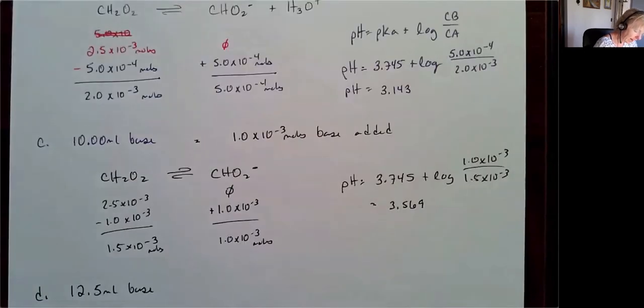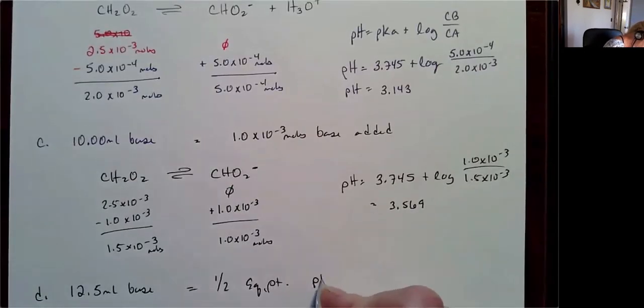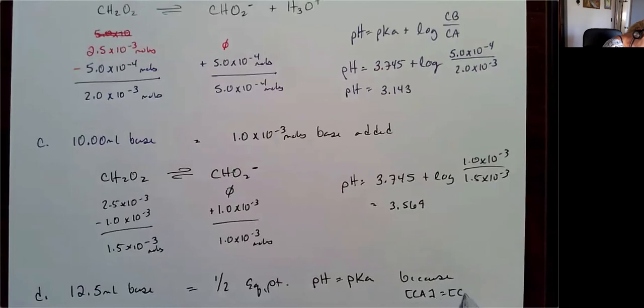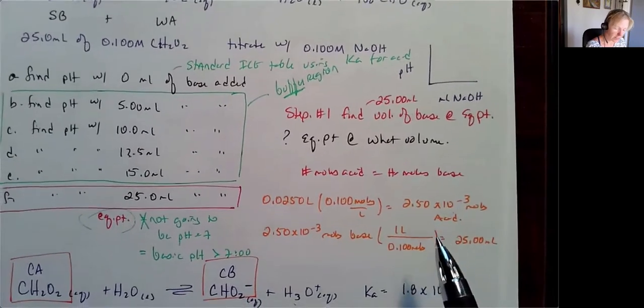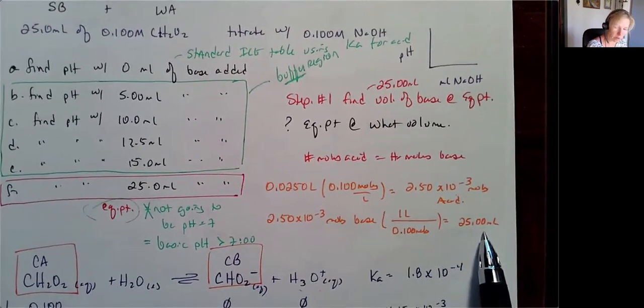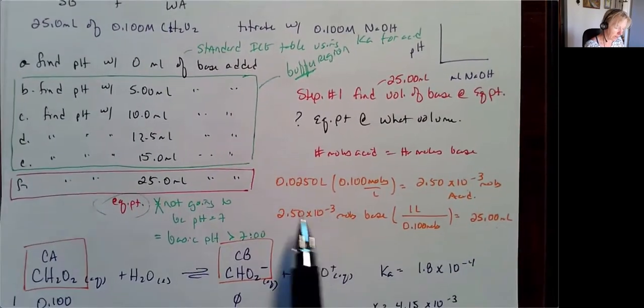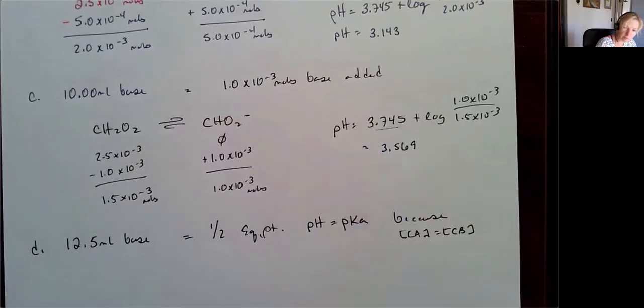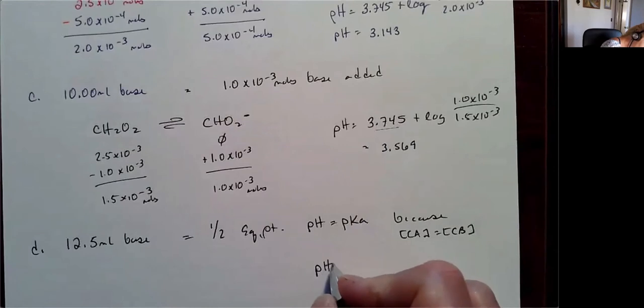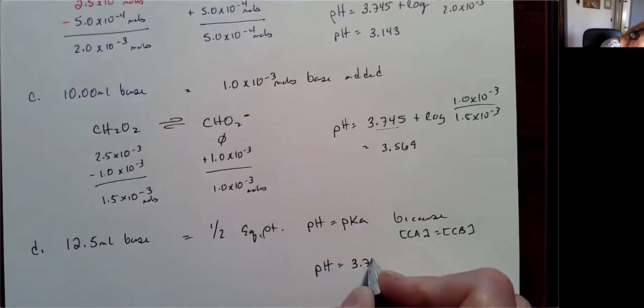And at my half equivalence point, my pH equals my pKa because my conjugate acid concentration equals my conjugate base concentration. If I know my equivalence point and I did that first, I know what my volume is to get there, I don't have to calculate my half equivalence point. I already know it because I know the pKa. So my pH here then is going to be equal to 3.745.